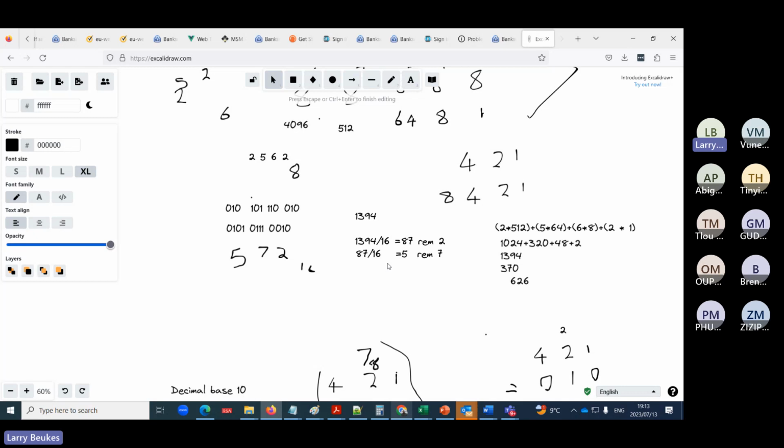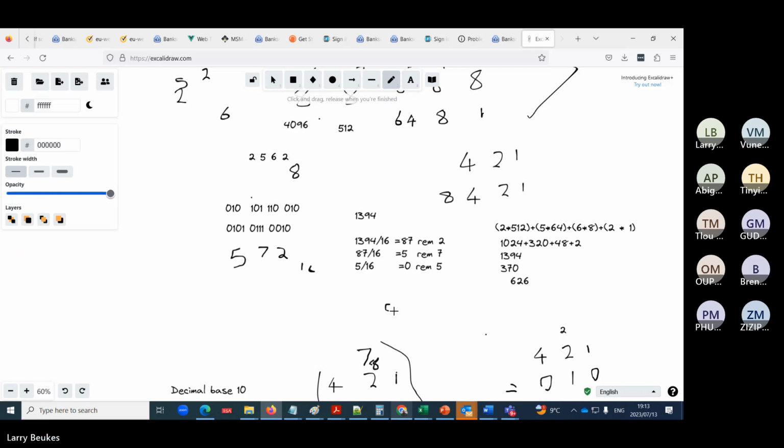So our remainder will be 7, right? Now we have 5. 5 divided by 16 is going to be 0. Our remainder is 5, right? So this is our answer, 5, 7, 2, base 16.